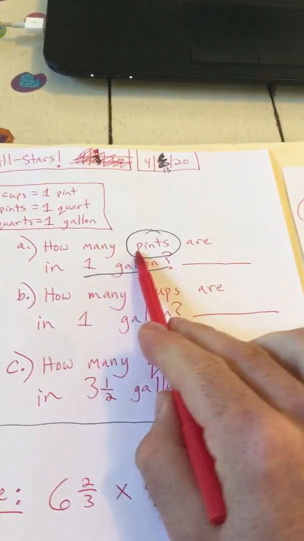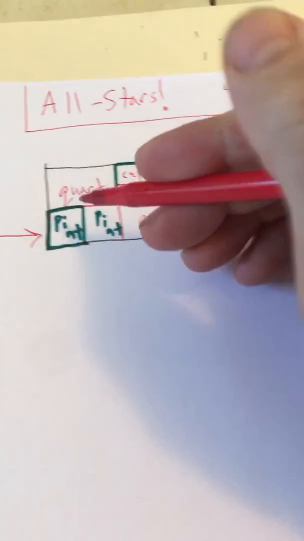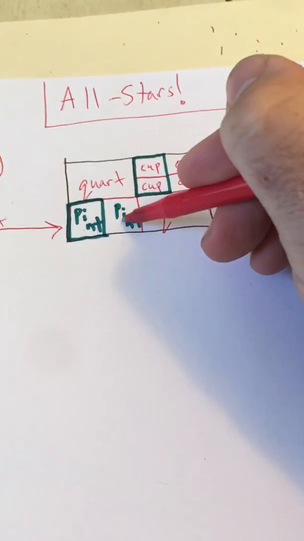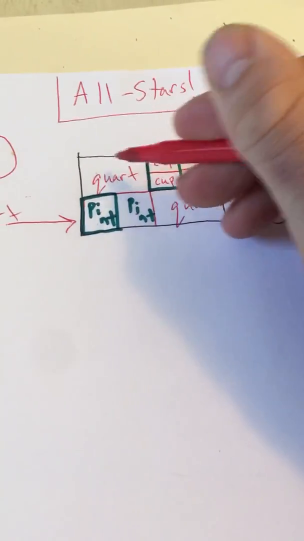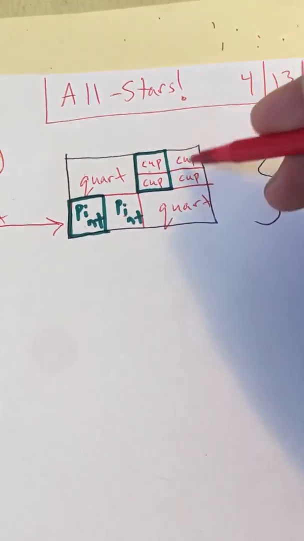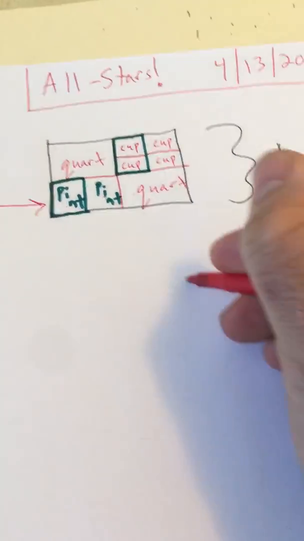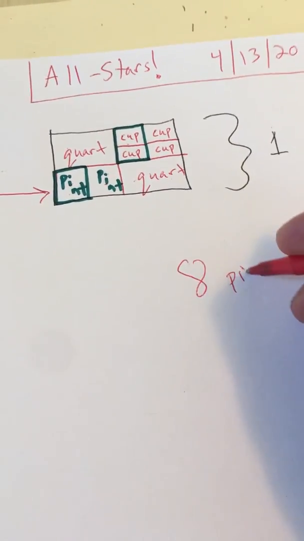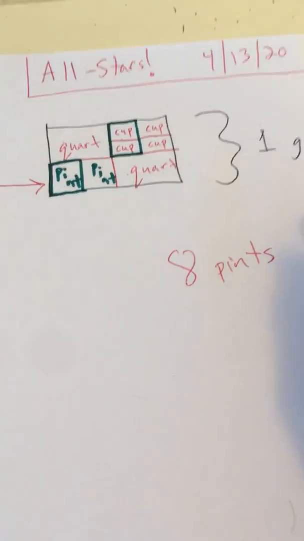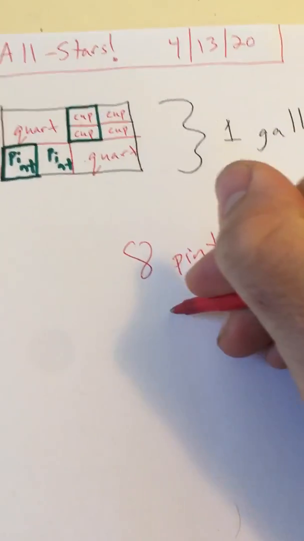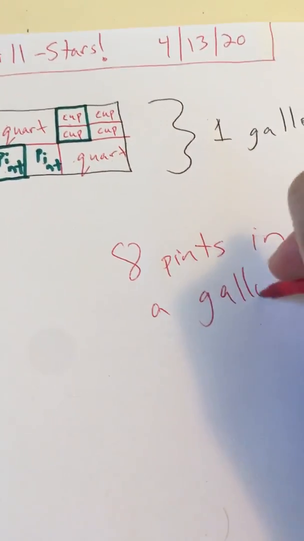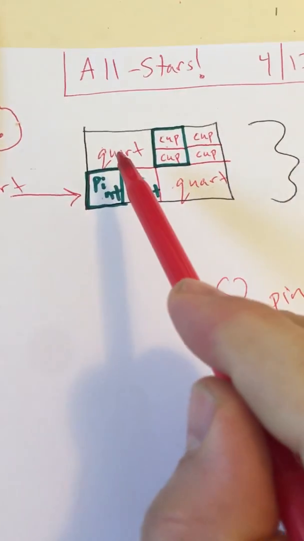Now it says how many pints are in 1 gallon. So if there's 2 pints in each quart, that means there's 2 in this quart, 3, 4 in this, 5, 6, 7, there are 8 pints in a gallon. So we're basically taking these quarts.